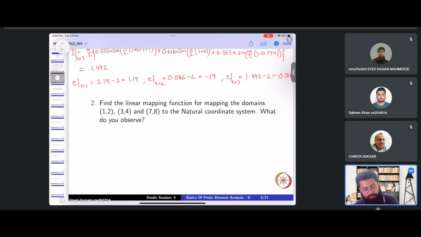So now we have 3 different domains, and we have to transform all of these to our natural coordinate system.